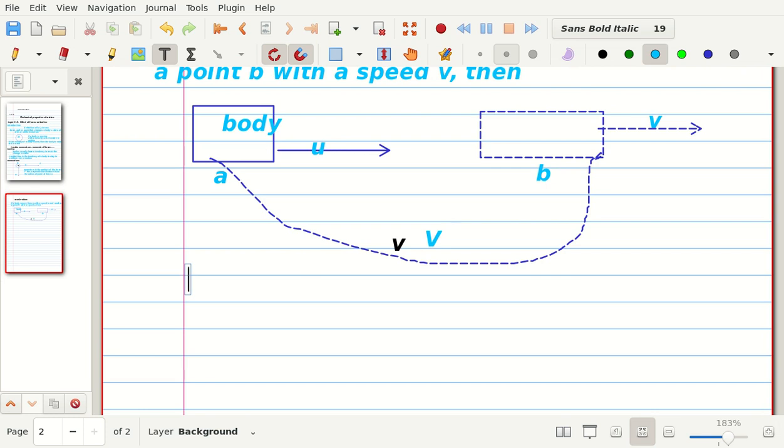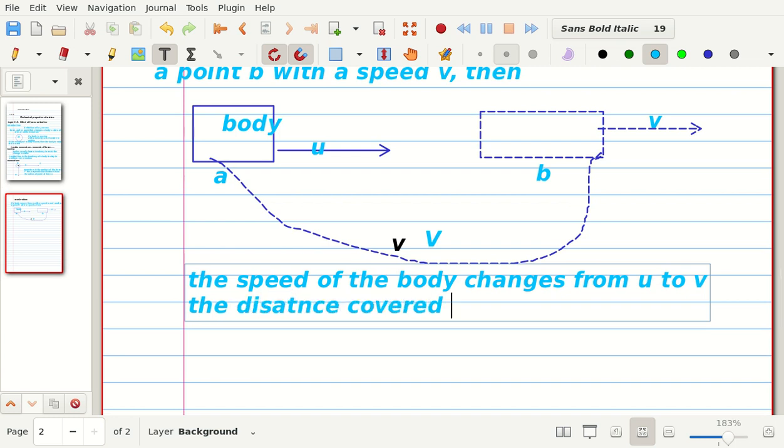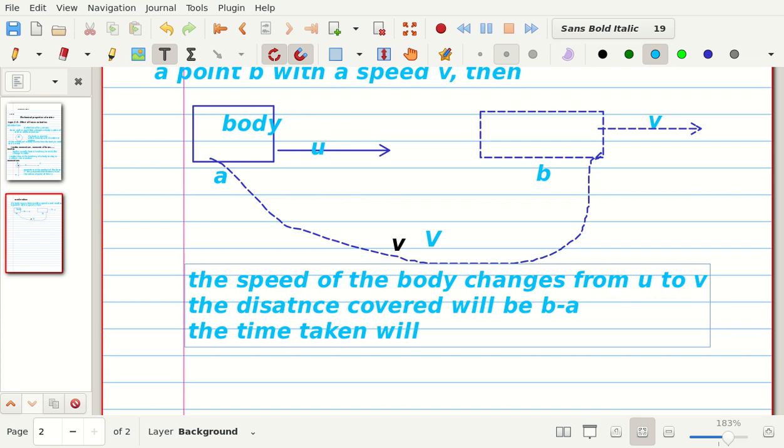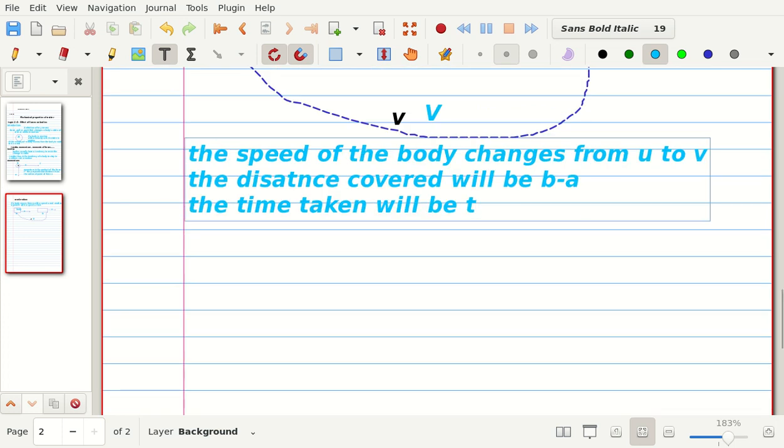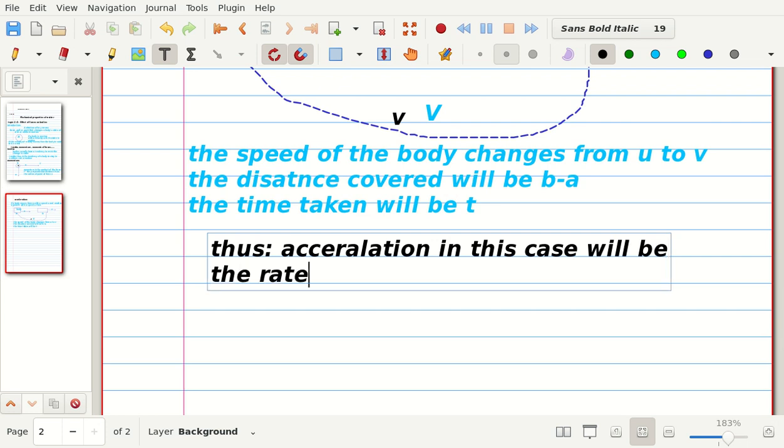So if I could write a statement, I say the speed of the body changes from U to V. The distance covered, going from a point A to B, will be B minus A, and the time taken will be T. Thus acceleration in this case will be the rate of change of speed, because we are linear.